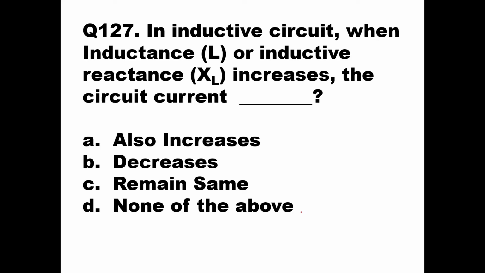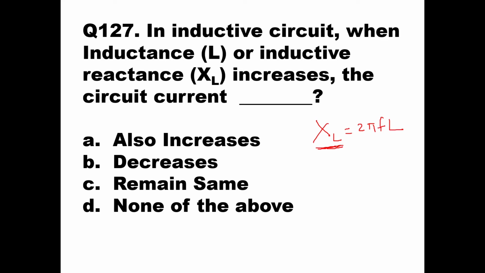So in an inductive circuit, when the inductance L or reactance XL increases, we know that reactance XL is equal to 2 pi FL. Reactance is opposition to the flow of current, just like resistance.